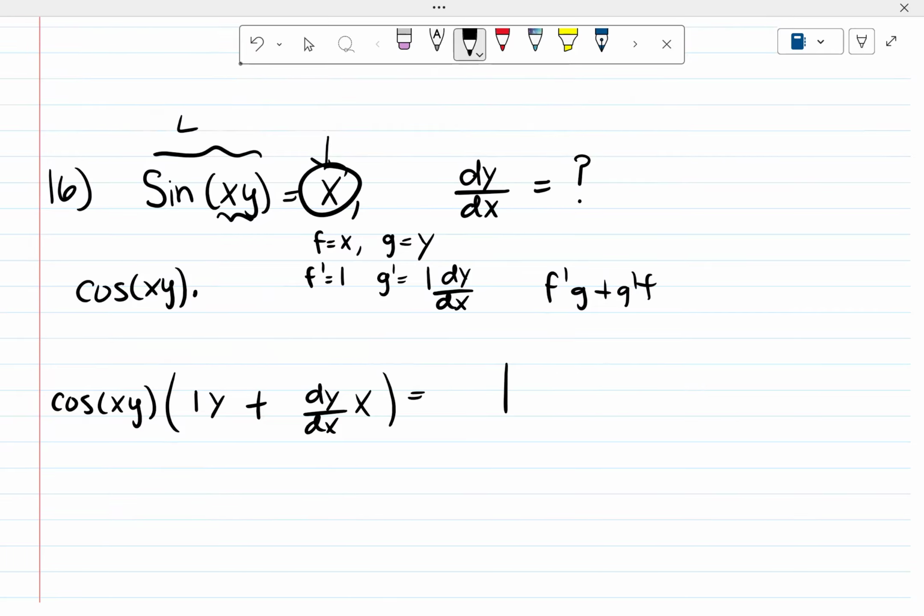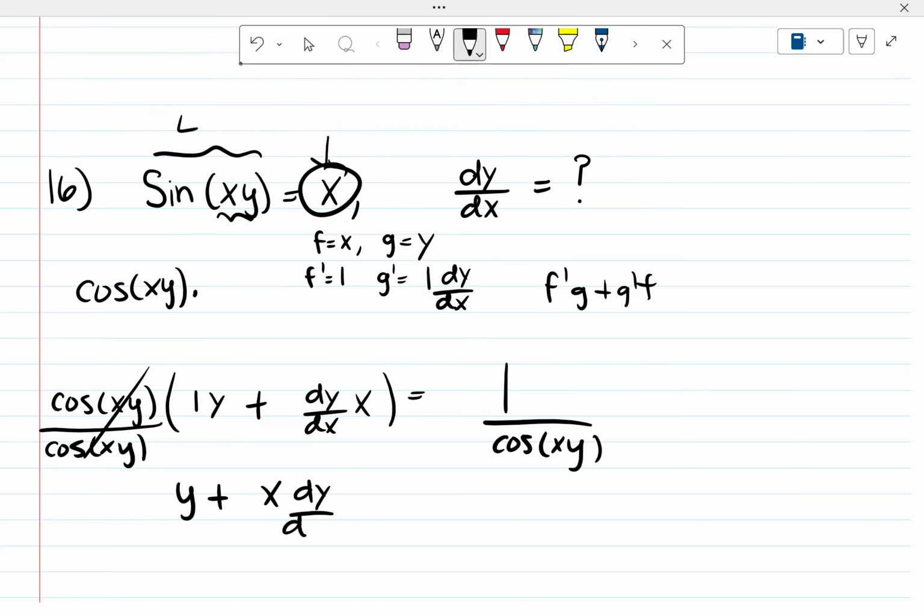What could I do next? I could get rid of this cosine of xy. So that's what I'm going to do by dividing both sides by cosine of xy. So now you have y plus x dy dx equals 1 over the cosine of xy, right?